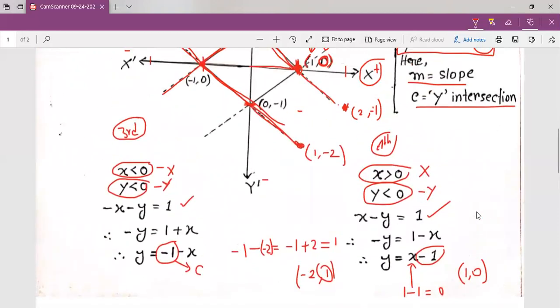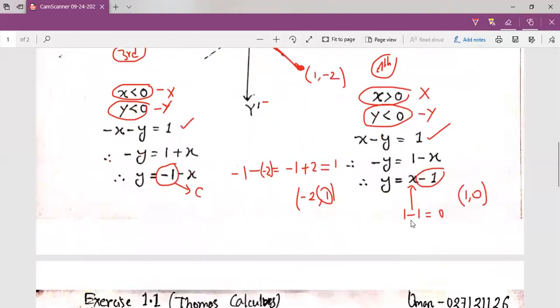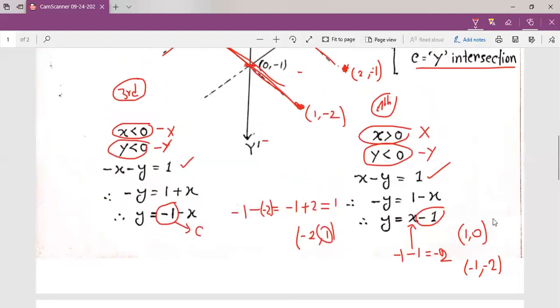Now let's take the value of x equal to something like -1, right? So we get -1 minus 1, that is going to be -2. So for the value of x equal to -1, we get the value of y equal to -2, right? Okay, so let's put these two coordinate pairs in our graph.